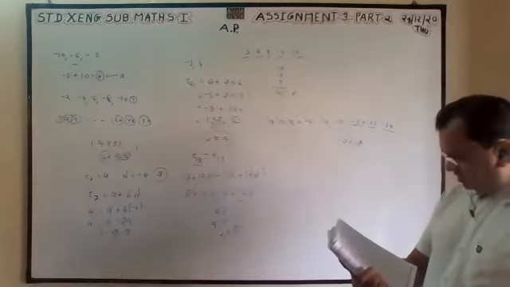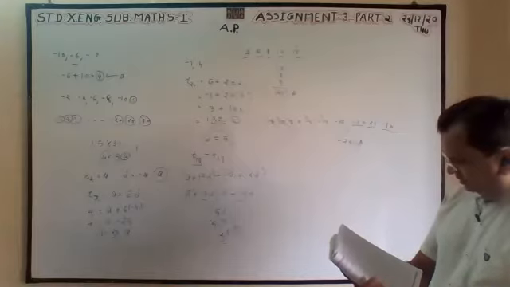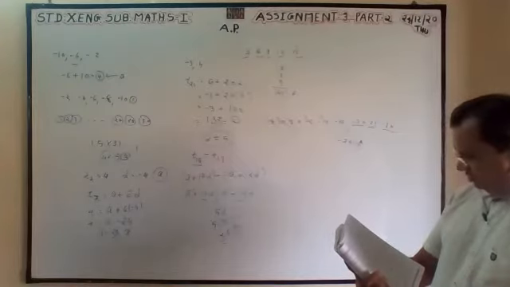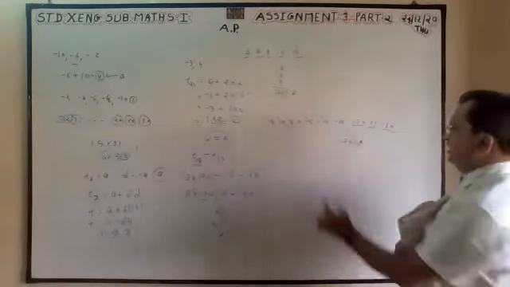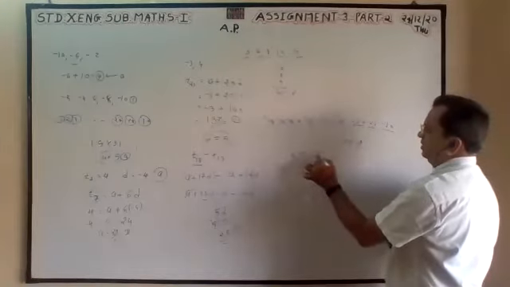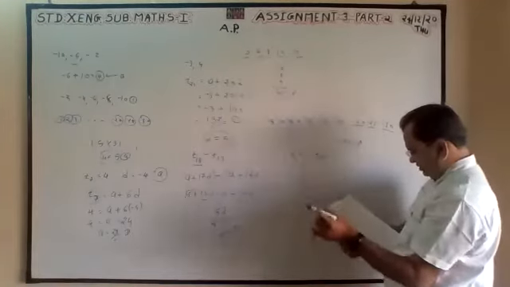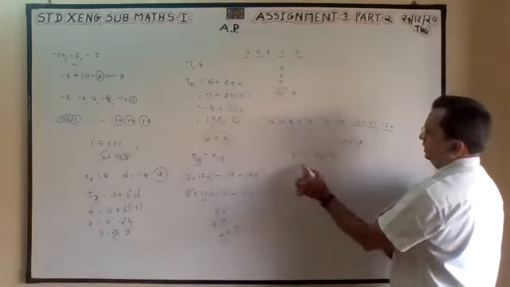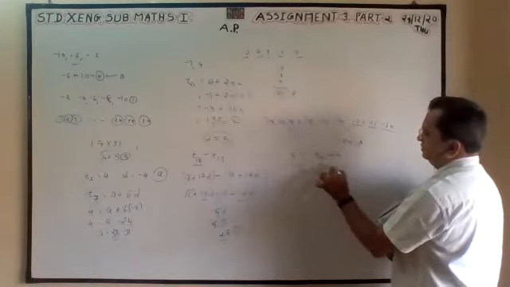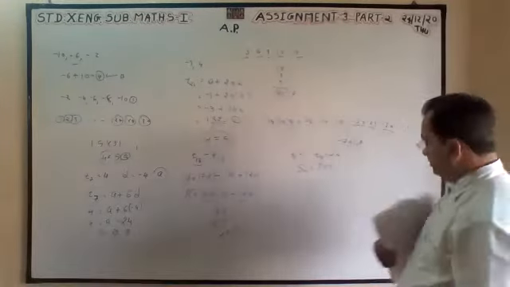First one is 1 and the last one is 20. The sum of all terms is 399. First term is 1, last term is 20 and Sn is 399.